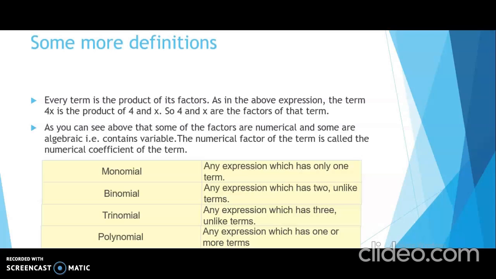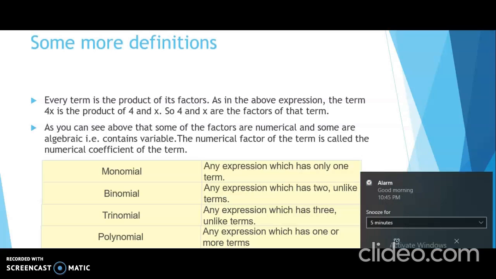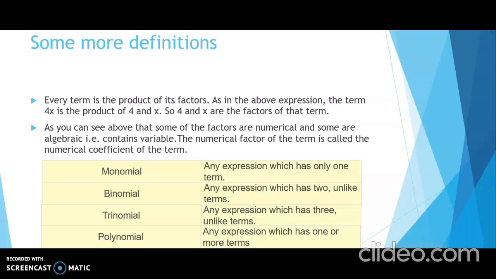Monomial is an expression which has only one term. So, binomial, an expression which has two unlike terms. Trinomial, an expression which has three unlike terms. Polynomial, an expression which has one or more terms. It can contain any number of terms, yes.